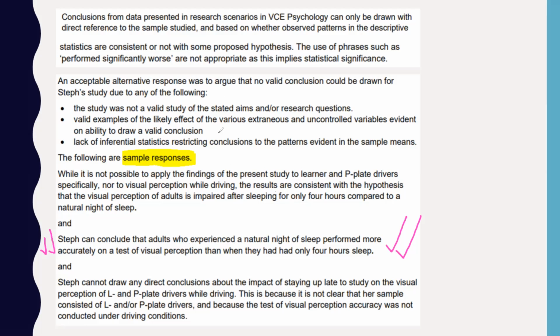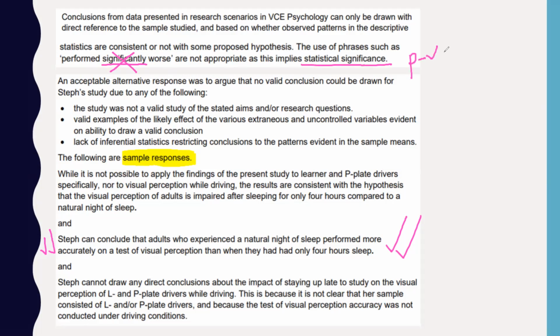Okay, also just be careful when you're writing. I know a lot of us in health and human and other subjects, when we're comparing data, we often use the words significantly higher, significantly lower. Avoid using the word significantly with reference to research methods, because when you use the word significantly in psychology, it is referring back to statistical significance and our p-value.